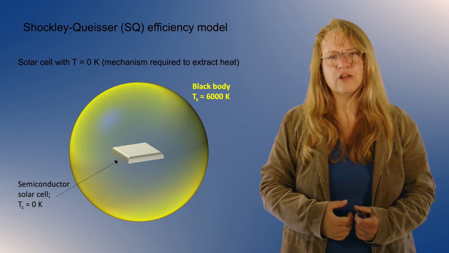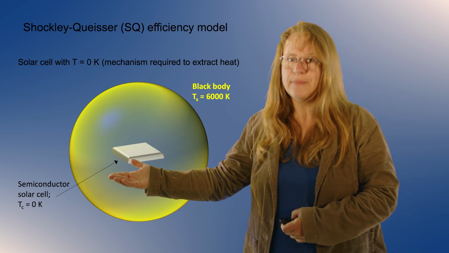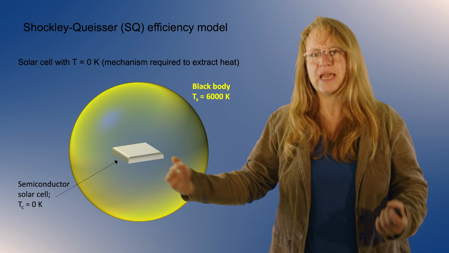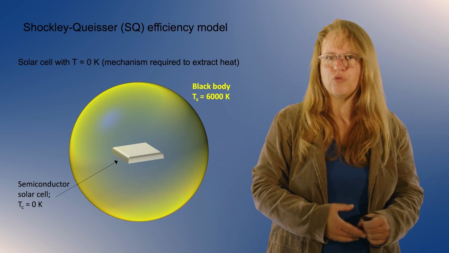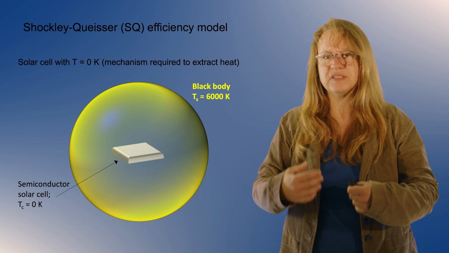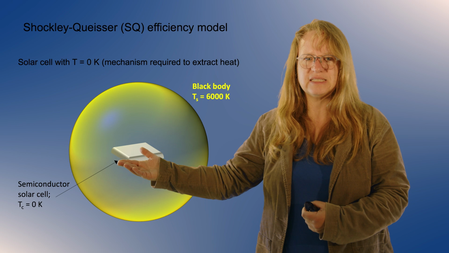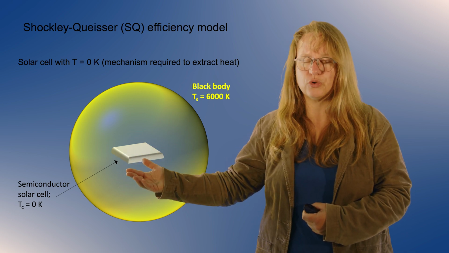And so in thermal equilibrium, we also have to consider now, though, that the semiconductor is not at 0 Kelvin, because on Earth we have a temperature of approximately 300 Kelvin. So in thermal equilibrium, the second thing we need to change is that the semiconductor has a certain temperature also.